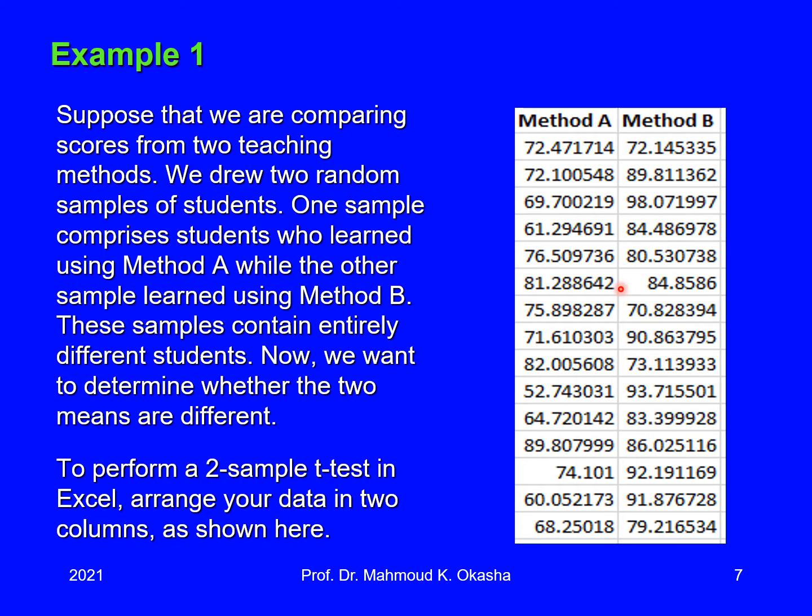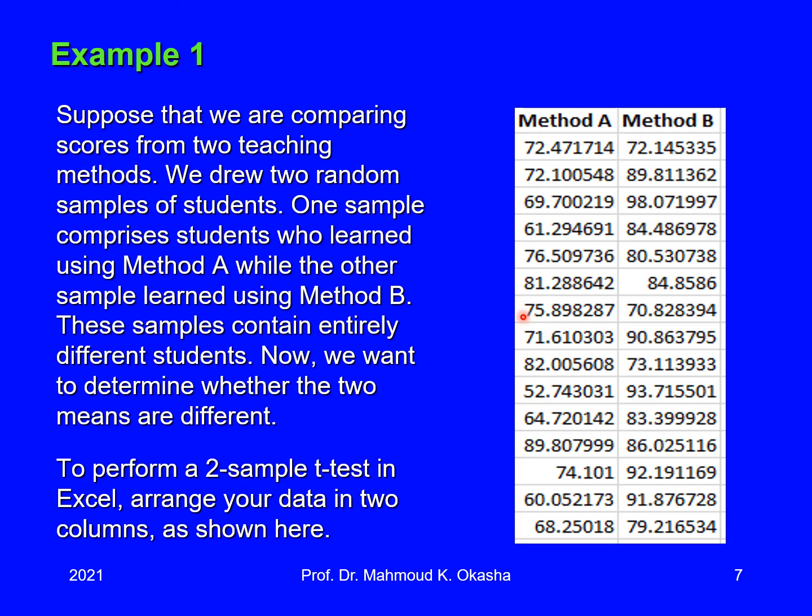The method which is better, we expect that this method will give a higher mean of marks for the students than the other. If method A gave a higher mean, then it will be better than method B.